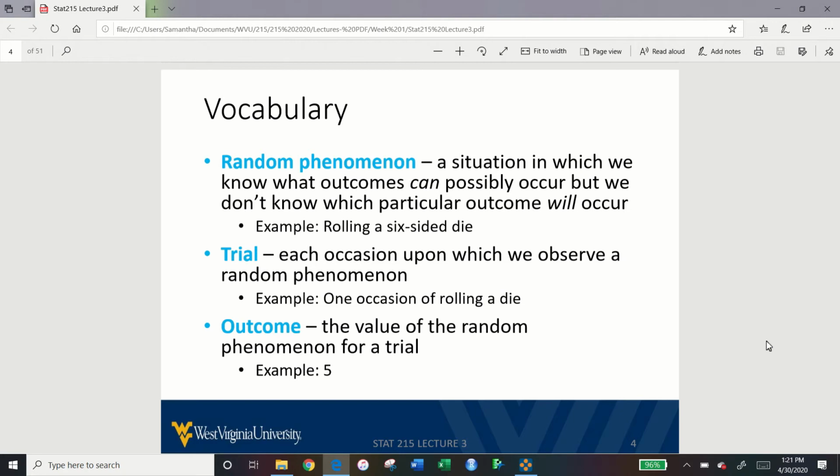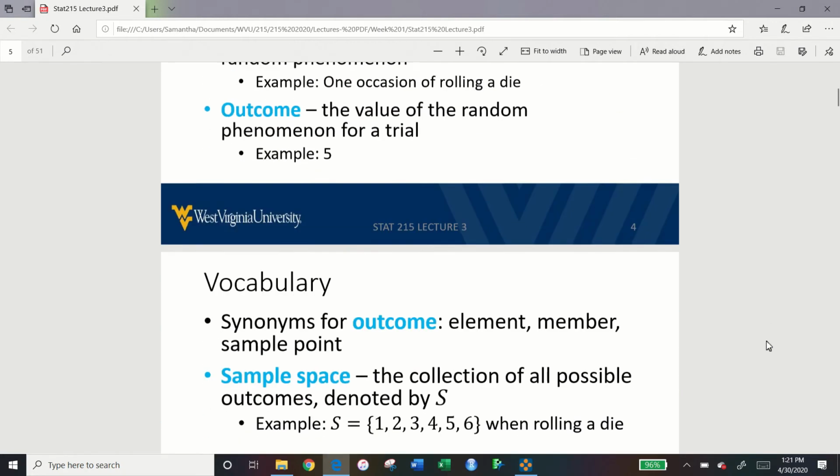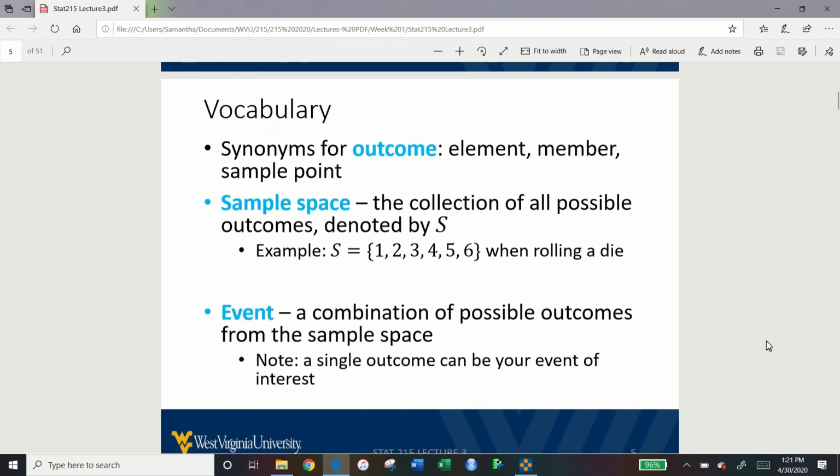So if you roll a 6-sided die, that situation of not knowing what you're going to get is a random phenomenon. The act of rolling once is a trial. Rolling and getting, say, a 5 face up, that's the outcome. Some synonyms of outcome you might hear are element, member, or sample point.